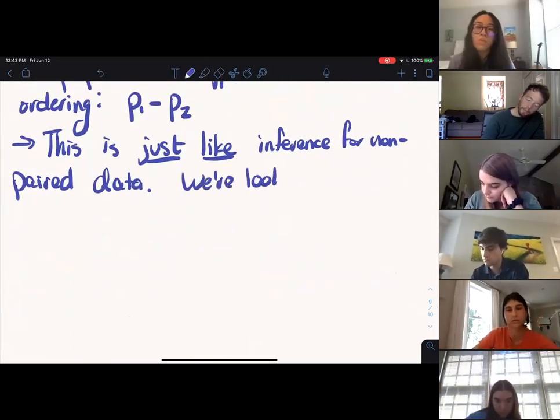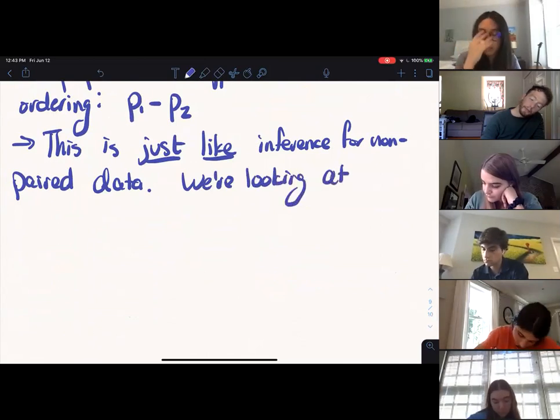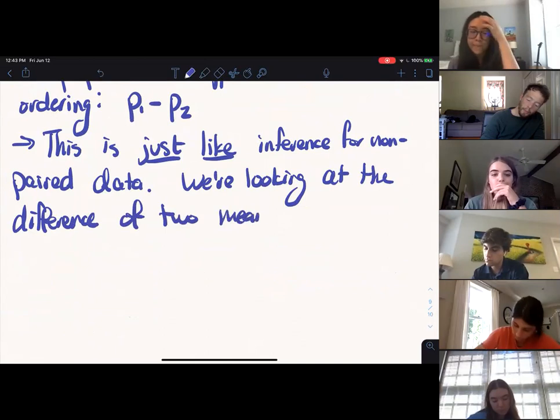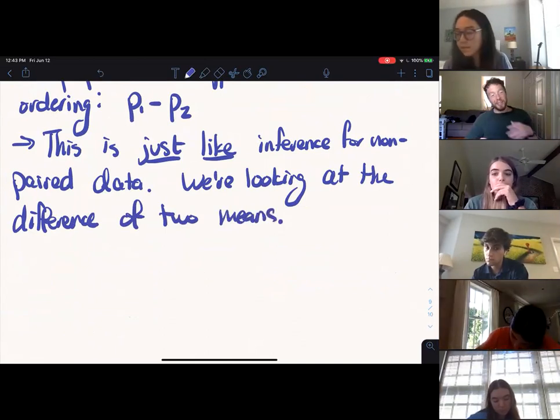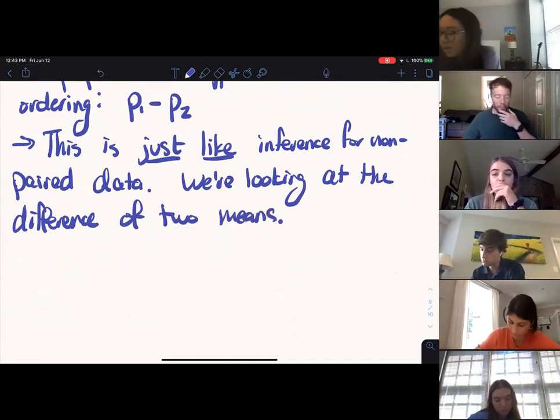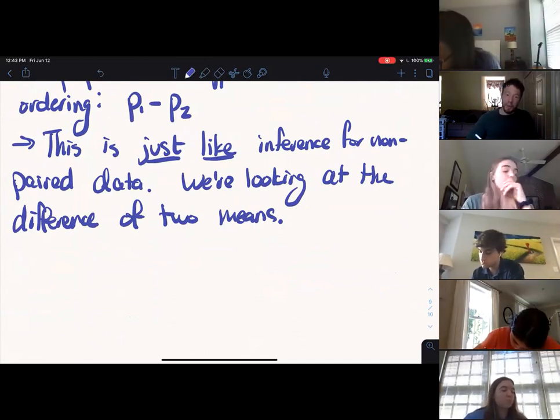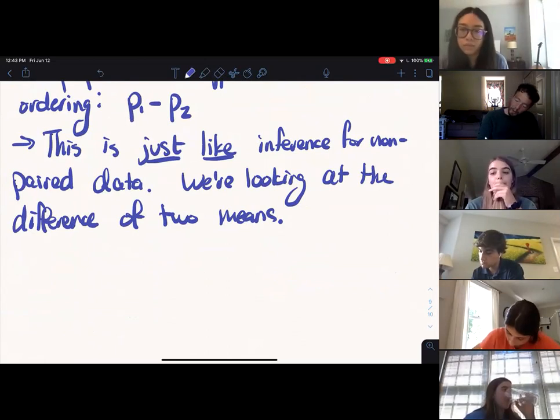We're looking at the difference of two means. Remember I made the point that a proportion, we can view it kind of like an average? Well, we're kind of doing the difference of two means here for non-paired data. That's kind of what this problem boils down to.